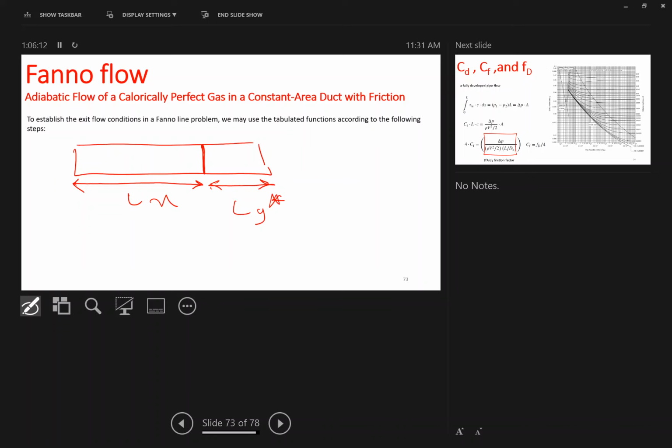We already know that we have to guess something. We guess a value for the Mach number upstream of that shock wave. We don't know where that shock wave happened. We say it will happen at an X length, but we don't know what the length is. So the value that you're guessing is not this length, it's actually the upstream Mach number. And we have the normal shock relationships, right?